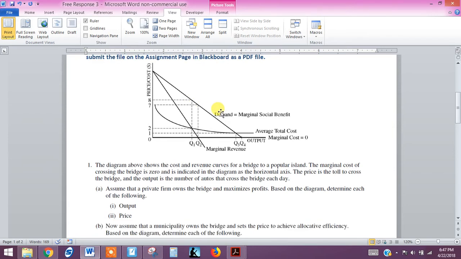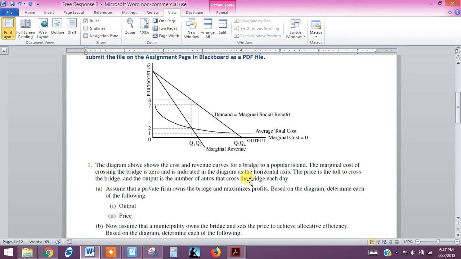So in this graph, the price is the cost of the toll, and the output, the quantity, is the number of cars that cross the bridge each day.